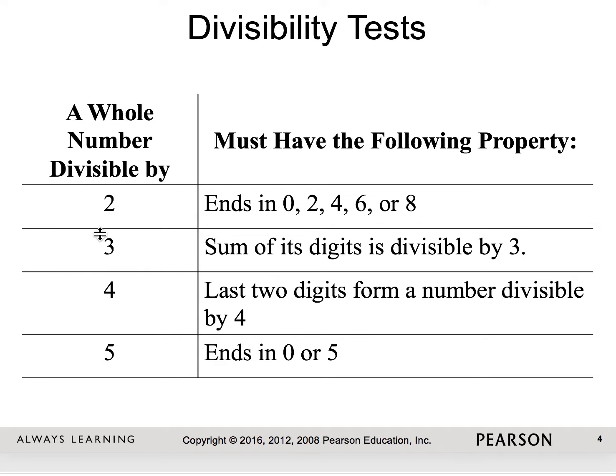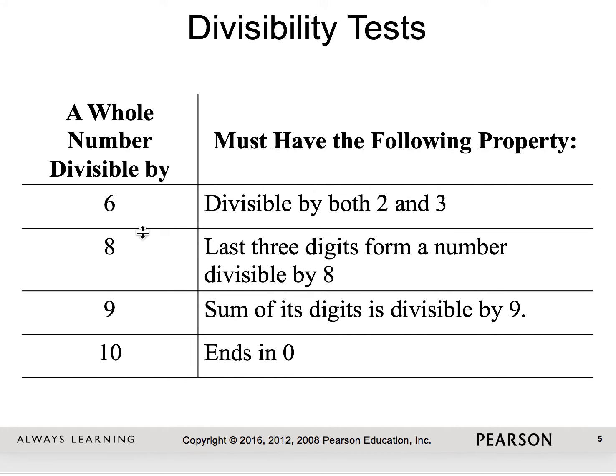If a number is divisible by 3, the sum of its digits is divisible by 3. If a number is divisible by 4, as long as the last 2 digits are divisible by 4, the entire number is. And here's one for 6, it's even, divisible by 2, and divisible by 3. 8, that one's not really useful because it's kind of hard to divide the last 3 digits by 8.